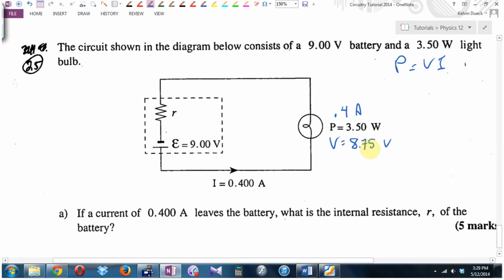EMF, remember the symbol for EMF? 9. That's the EMF. What am I actually getting, though? What's my terminal voltage? So 9 in theory, but I'm getting that. What must I be losing going through there? Oh, and what else do I know going through there?